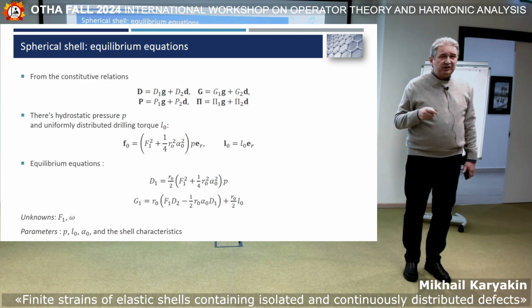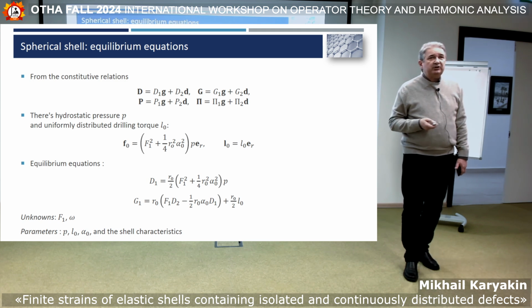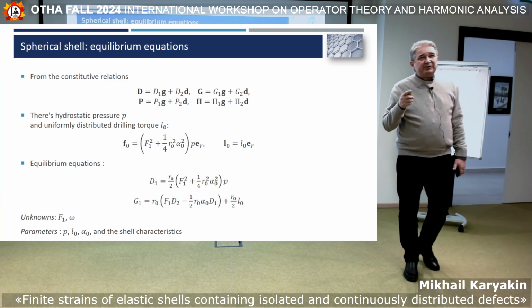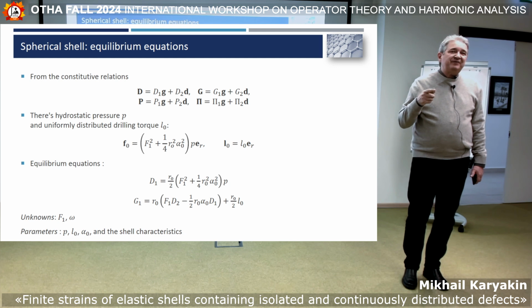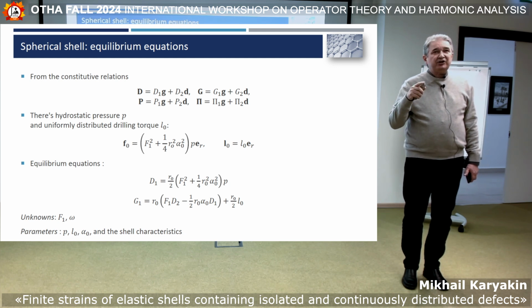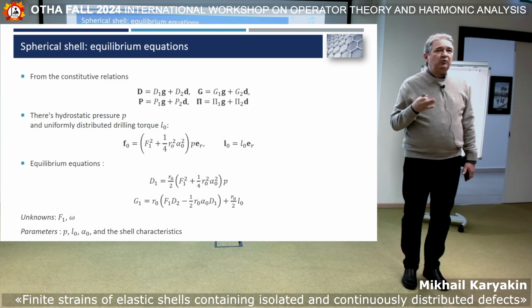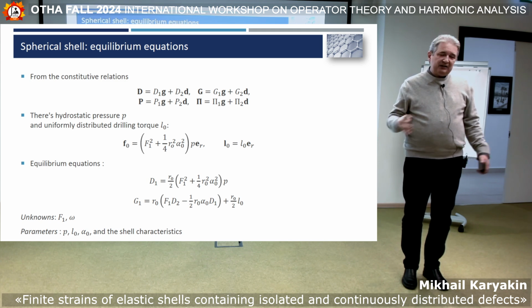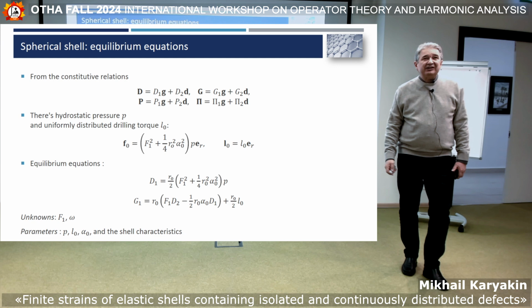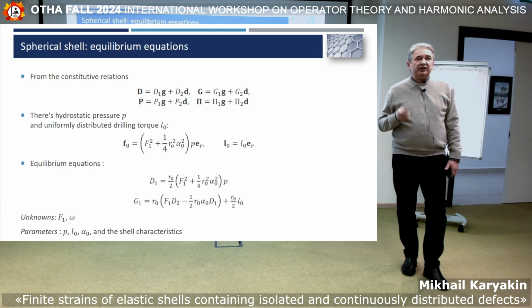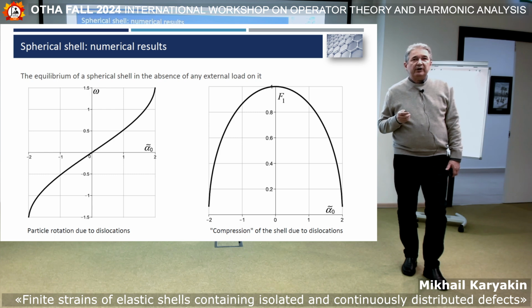Not so simple, because if I substitute the expressions from D1, G1 and so on in terms of the unknowns F1 and F, the formulas will be rather big, but it is just algebraic equations, and we can solve them and get numerical results.